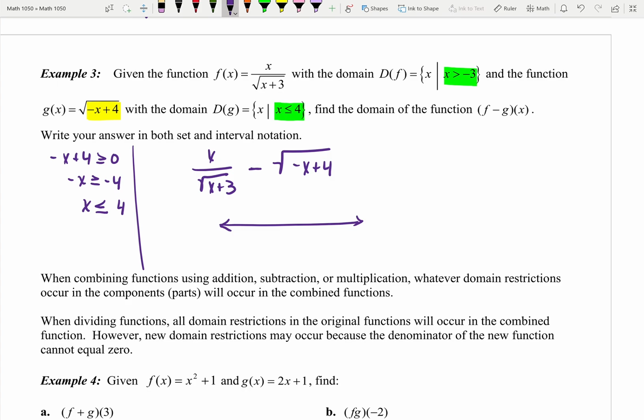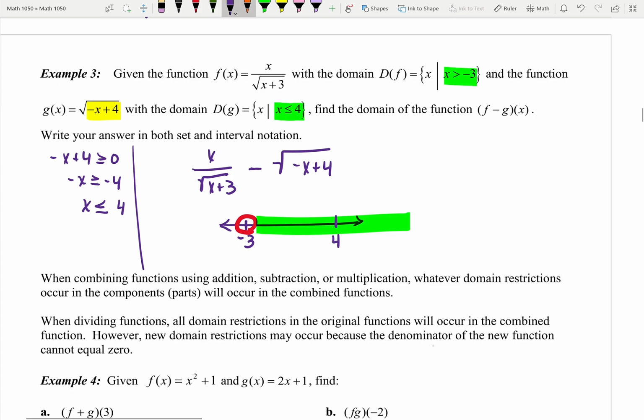So x has to be greater than a -3, so it's going to be -3 over here, and I don't have an equal sign, so it's going to be opened, and it's going to shade over to the right, okay? And then x has to be less than 4, so I'm going to be over here at a 4.